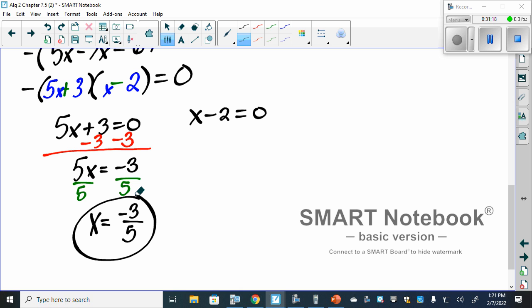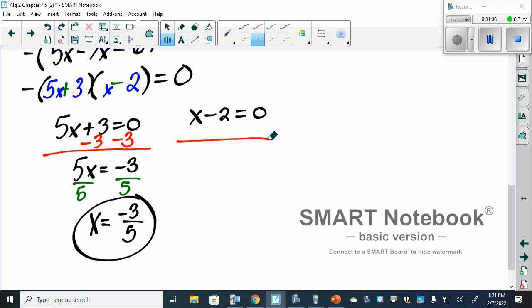And really solving this is just going the opposite direction of if we plugged a number in. Because if I plugged a number in for x, we would first multiply by 5 and then add 3. So we're kind of doing the opposite, subtracting 3 and then dividing by 5. So we get negative 3/5.